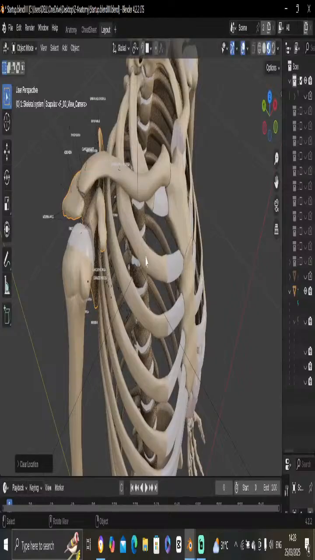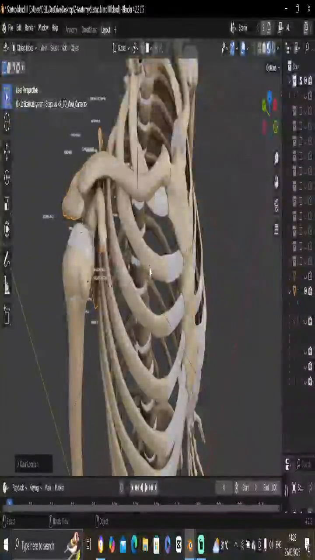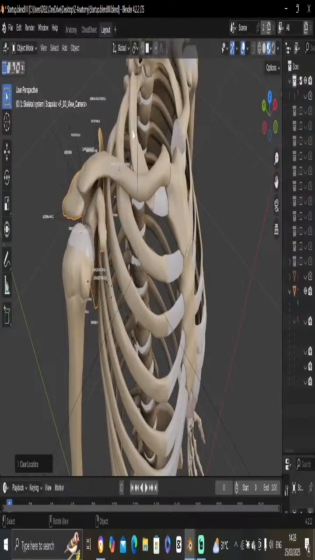There's one of our videos where we talk about the classification of fractures. If you remember, there's the compound fracture, simple fracture, open fracture, closed fracture. There's the greenstick fracture where the bone sort of bends instead of breaking completely. So the clavicle can also fracture, although in younger children most commonly it's a greenstick fracture.